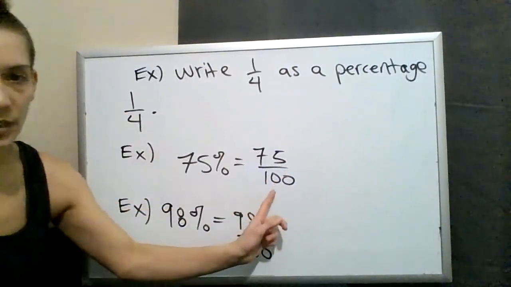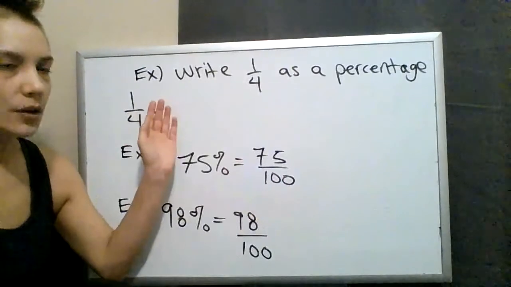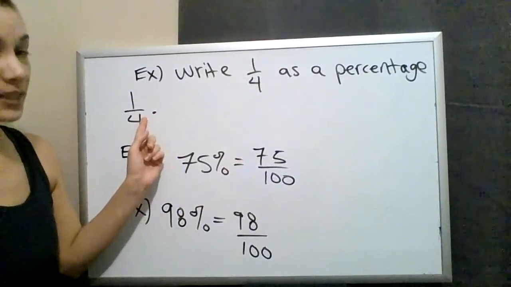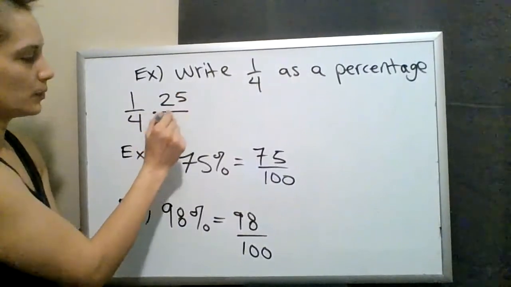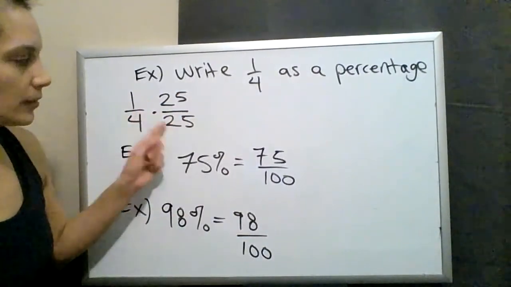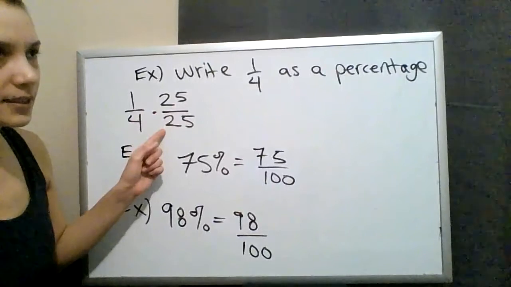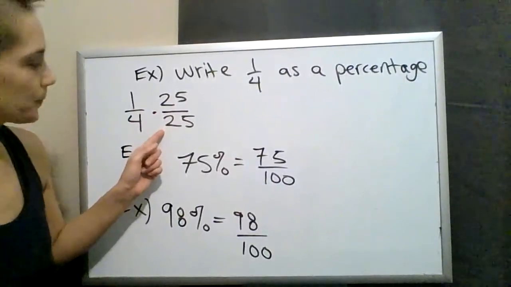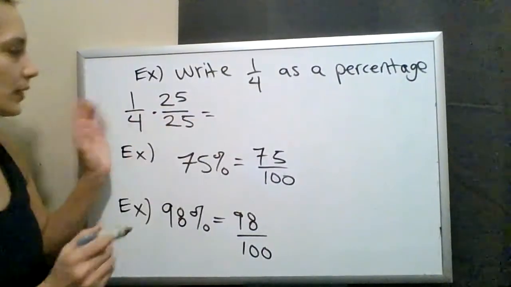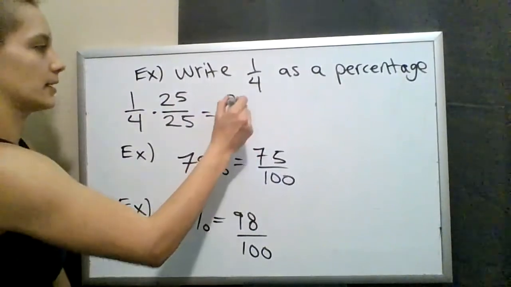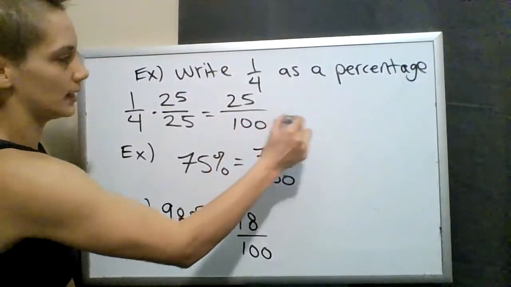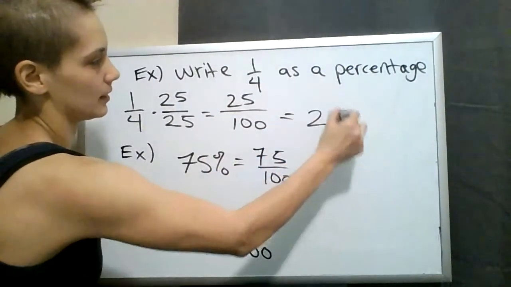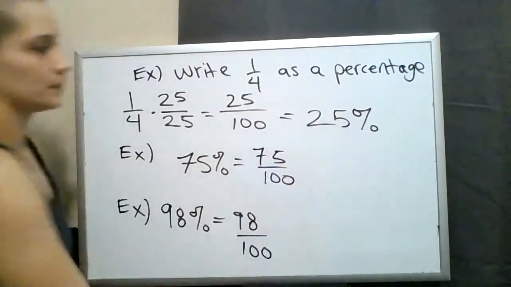We want to end up with a denominator that's 100. So we take a fancy number 1, where we have 25 over 25. A number over itself is 1, as long as it's not 0. That way I can have 25 over 100, which makes 25%.